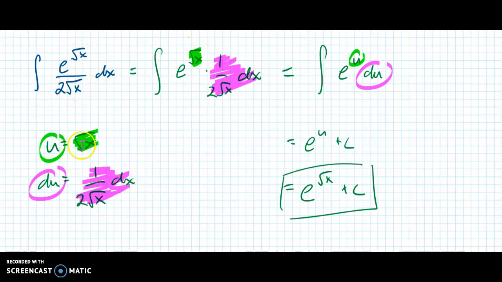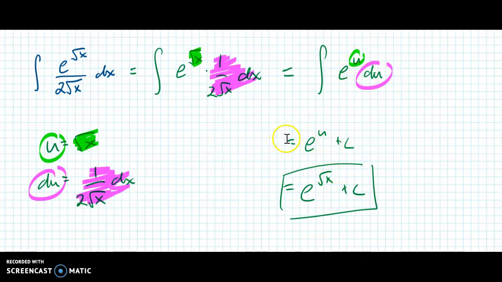Well, if we think about the root of x, we know that it derives to 1 over 2 root x. So if I make this my u, bam, and this then becomes my du if I separate them out into two separate pieces, because I can do that with multiplication. So I get 1 over 2 root x right there. That matches my du. Then I got e to the u du.